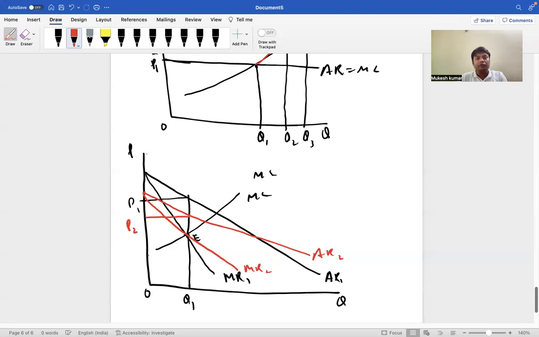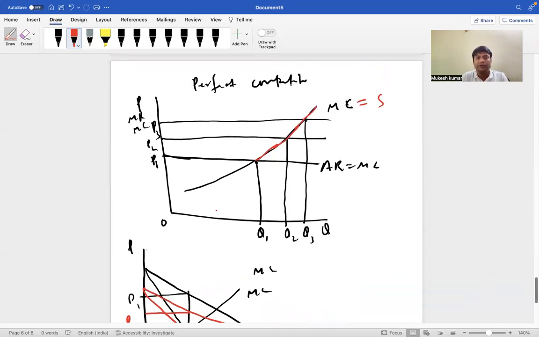So we can't find a definite relationship between price and quantity supplied here. How much quantity will be produced and what price will be charged depends upon the shape of the demand curve. Unlike the perfect competitive market, where the demand curve is parallel to the horizontal axis and becomes equal to the marginal revenue, there was not the issue here. So the marginal cost there represents the supply curve.